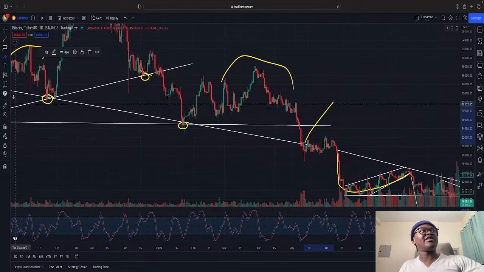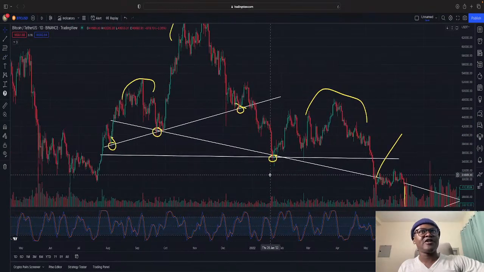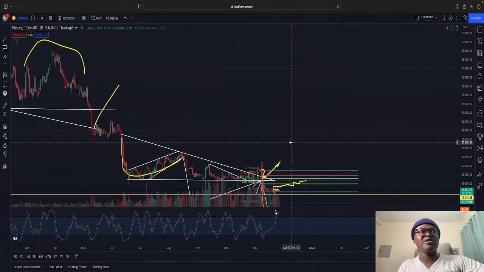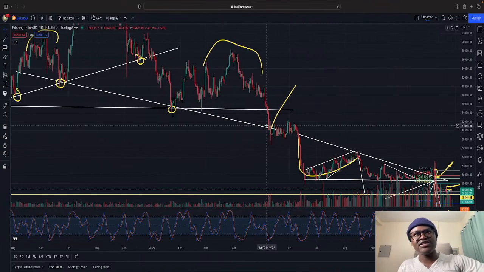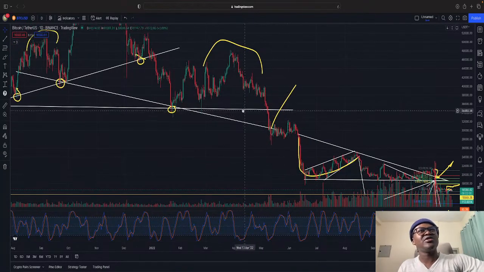Always follow the larger trends. That will be your friend, better than maybe some candlestick formations.